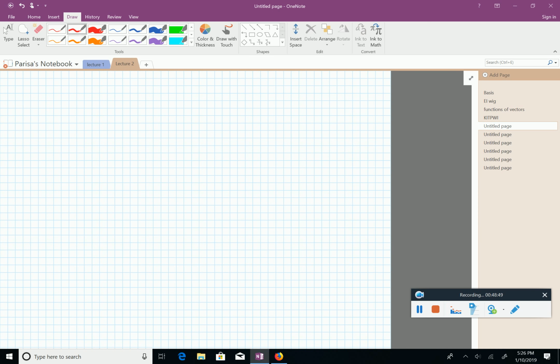Okay, so next I want to, so that is when the function takes a vector and gives back a vector.